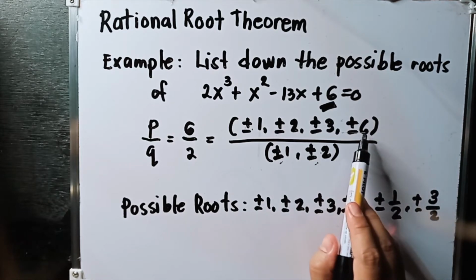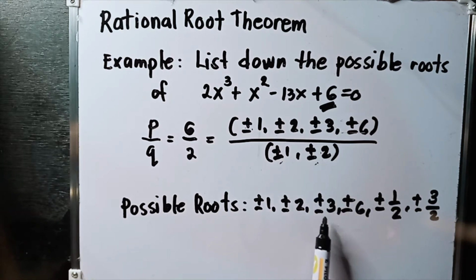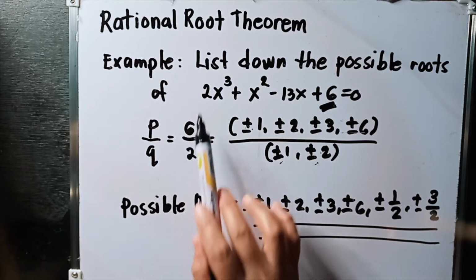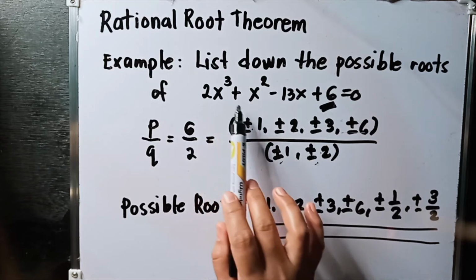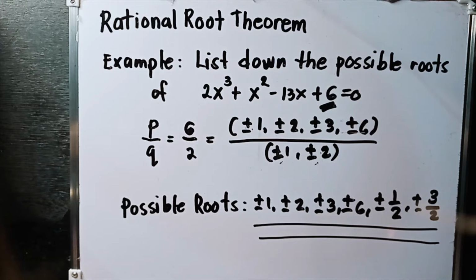The last one: positive negative 6 divided by positive negative 2 is positive negative 3. Remember the 3 is already here, so you don't need to write positive negative 3 anymore. So here is the list of the possible roots of the equation 2x cubed plus x squared minus 13x plus 6 equals 0.